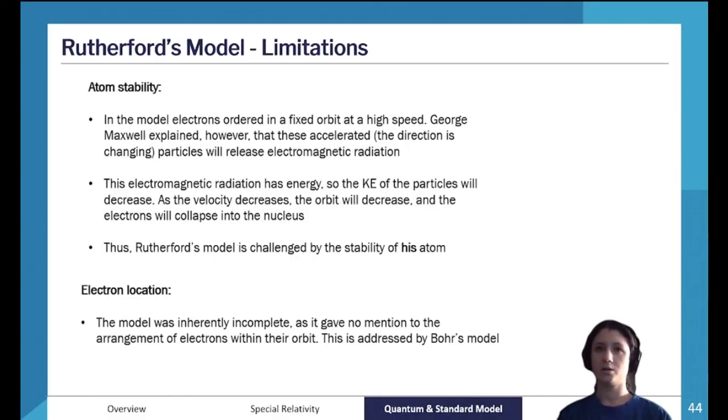Rutherford's model predicted that this EMR being emitted as the electrons move around, because the electrons have no set orbit, would include all different frequencies of light, a complete spectrum of light, all the different colors. And this isn't what we saw when experiments were done. We saw that actually only certain frequencies, only certain colors of light were emitted, and this didn't match up with Rutherford's model.